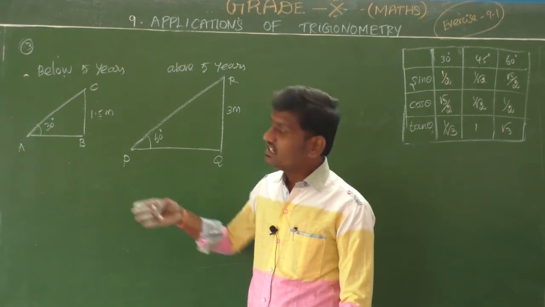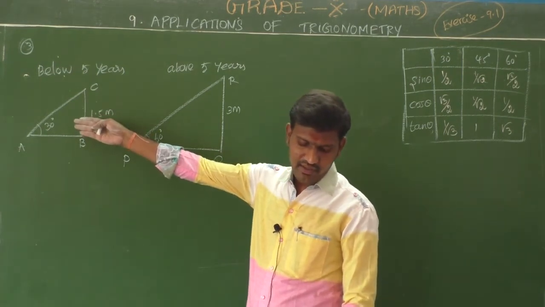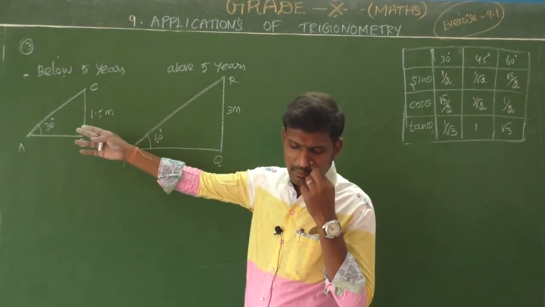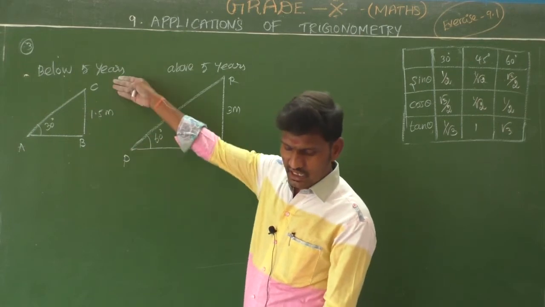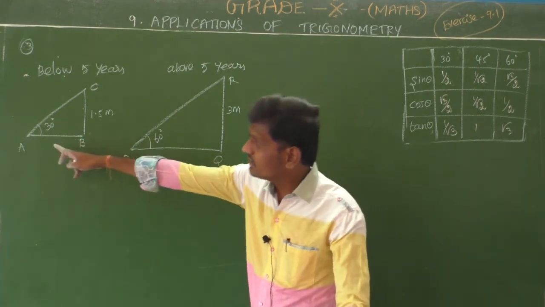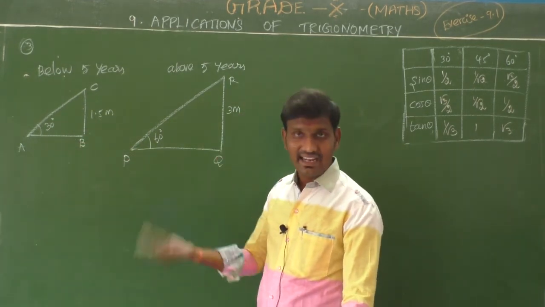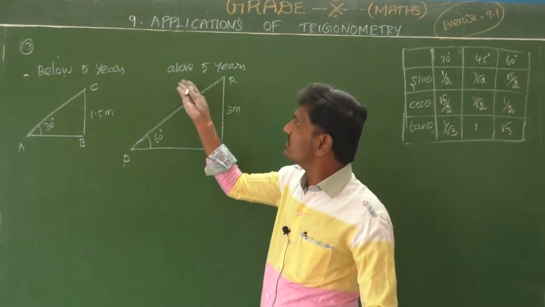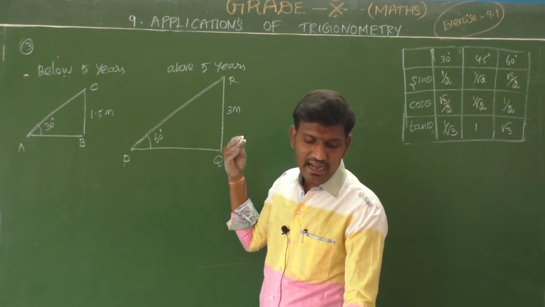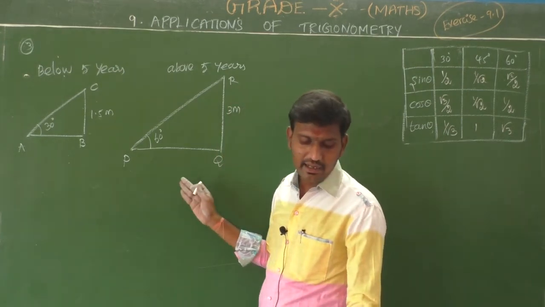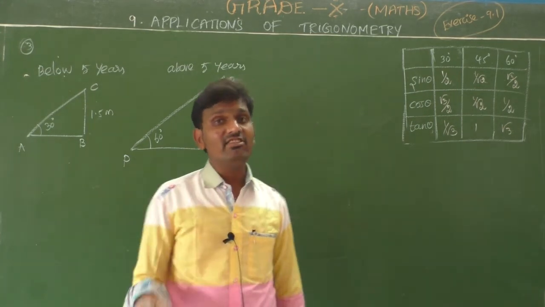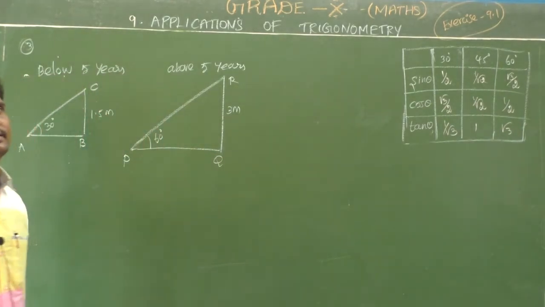Okay, so for the children below the age of 5 years, she prefers to have the slide whose top height is 1.5 meter and the angle of inclination is how much? 30 degrees. Okay, whereas for the elder children, above 5 years, she prefers the slide at a height of 3 meter inclined at an angle of 60 degrees to the ground. What should be the length of the slide in each case?